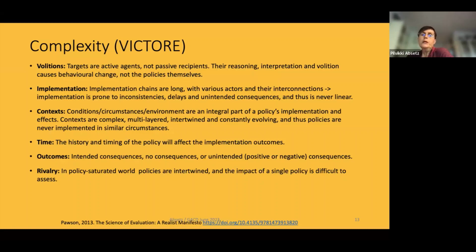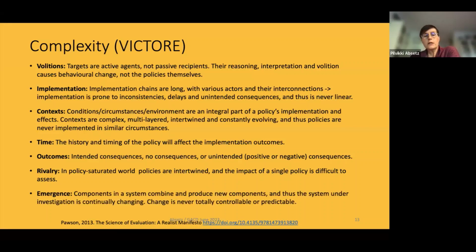Furthermore, we are in a policy-saturated world, and policies are intertwined, so the impact of a single policy is difficult to assess. The components in a system combine and produce new components, and the system is continually changing, and change is never totally controllable or predictable. So these are some of the key characteristics of complexity, according to Pawson.